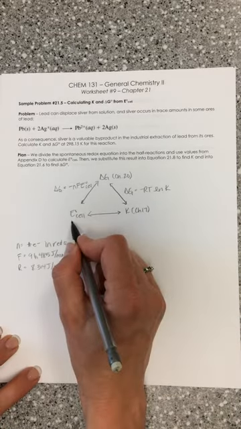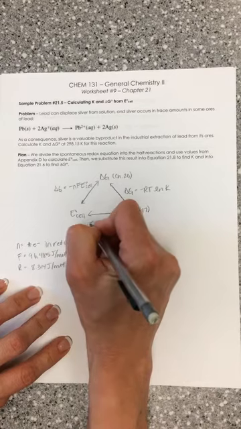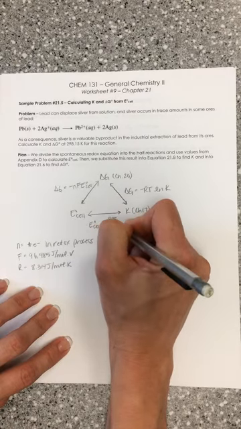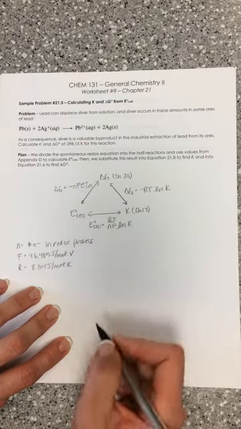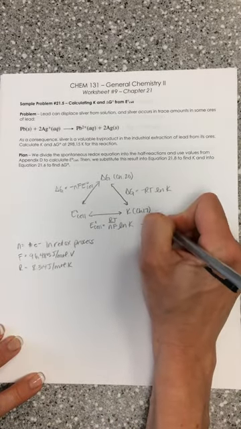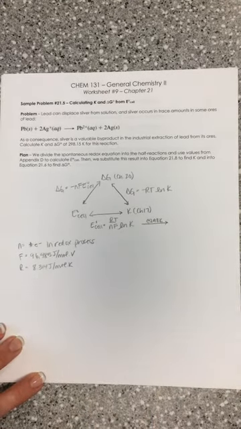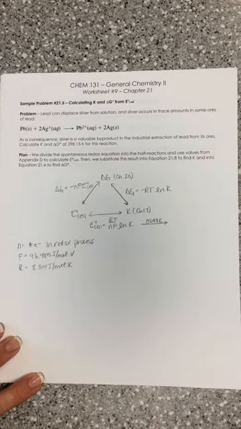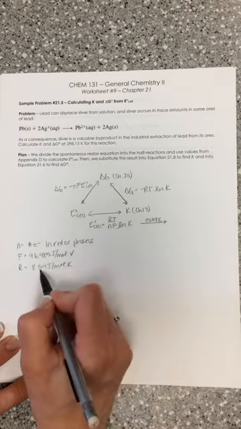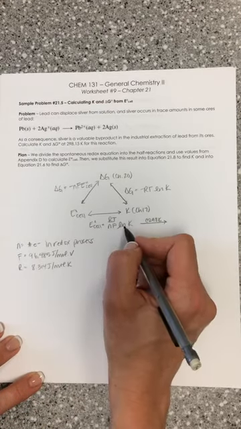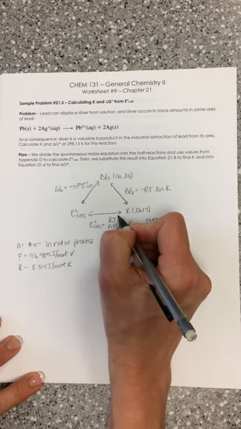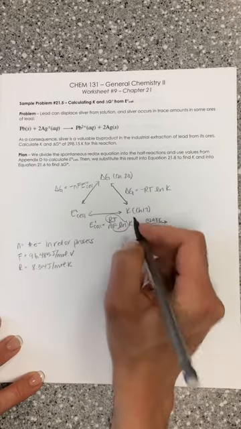The equation that we can use to walk between E cell and K is E cell equals RT over NF natural log of K. If we are at 298 K, which is common when we're talking about standard conditions at 25 degrees Celsius, we can combine the constant temperature with R and F, which are constants, and use a factor of 2.3 to interconvert natural log and log base 10.